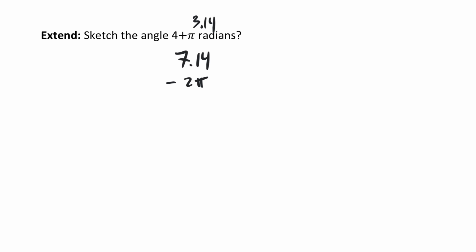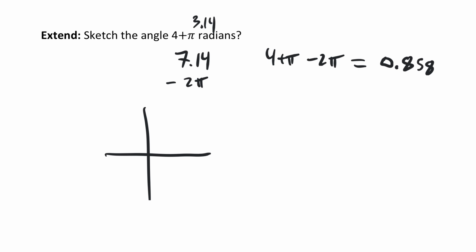Now, if we're going to do it exactly, 4 plus pi minus 2 pi on a calculator is going to give the following: 0.58. So it means that we started here, we went around one whole time, and we ended up at 0.58.